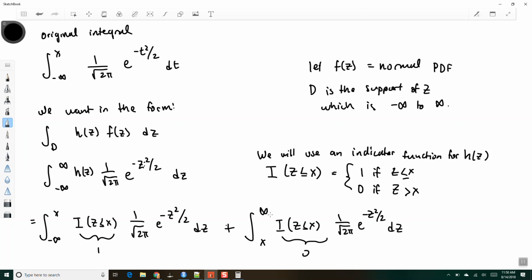Okay? And so by using the indicator function, now we have basically what we want: the integral from negative infinity to x of the indicator that z is less than x, times the normal PDF. Okay. So this gives us what we want.